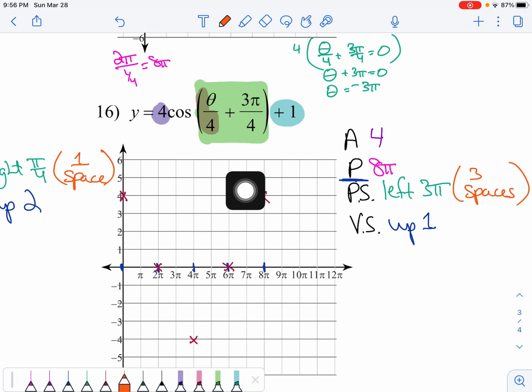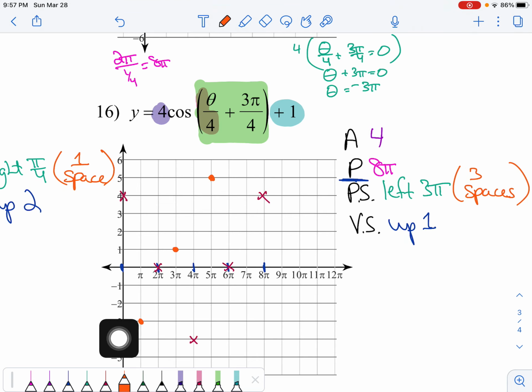We're going to move these 3 and then continue the curve based off of what we do know. So this one's going to move 1, 2, 3, and then up 1. So this is now my minimum. My midline here, we're going to go 1, 2, 3, up 1. So there's my new midline.